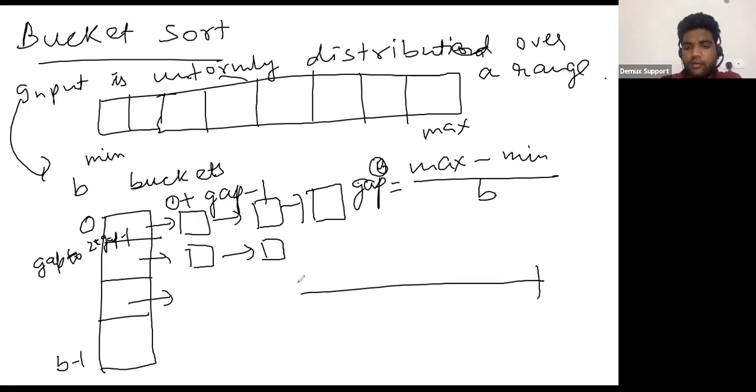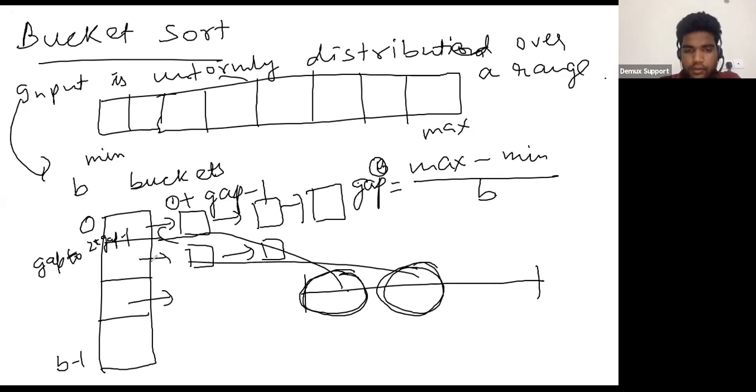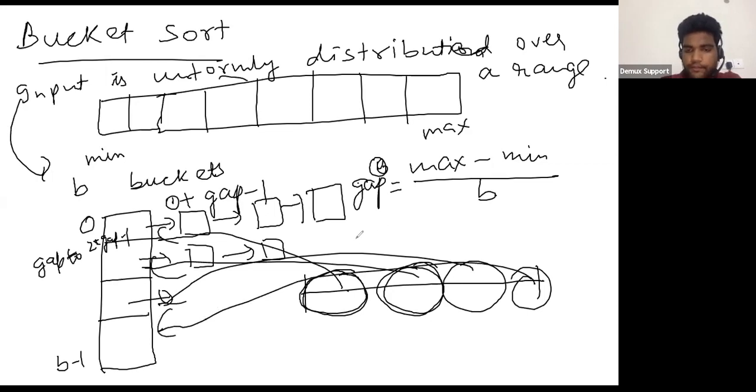So I have just distributed the input. Let's say this was my total input on the number line, and I have distributed it into buckets. All these inputs will go here, all these inputs will go here, and so on. So I'm just bucketing. If I had 3, 5, 8 here, all of them will go here.